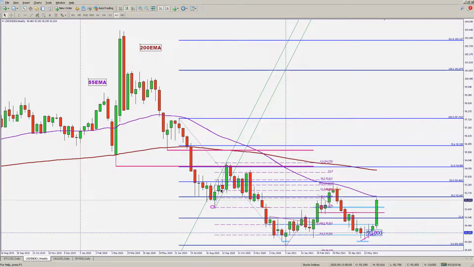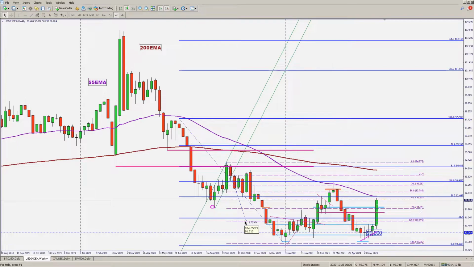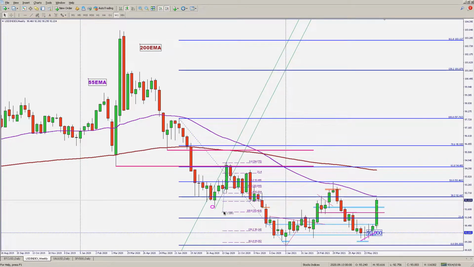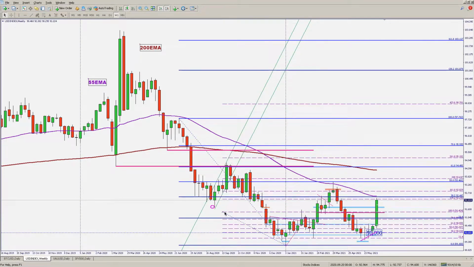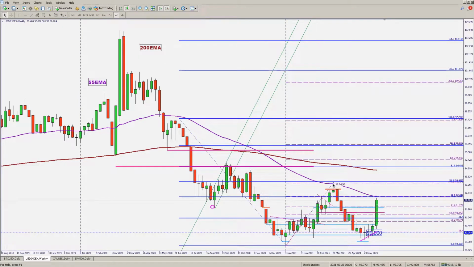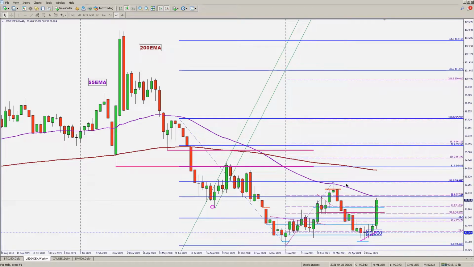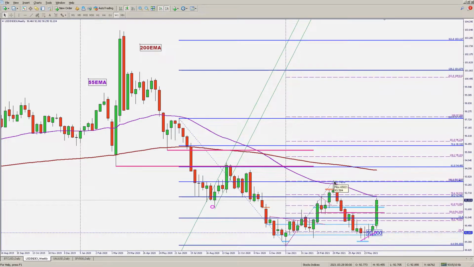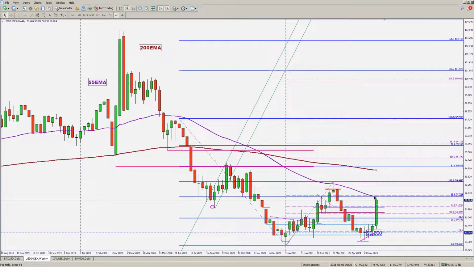Then on this smaller fib retracement as well, we can also move this here, and that will align to a 78.6 retracement right at the weekly 55 EMA as well. So either one, we can do that.